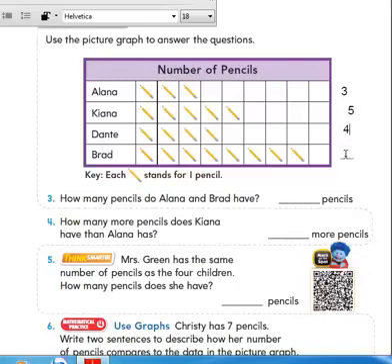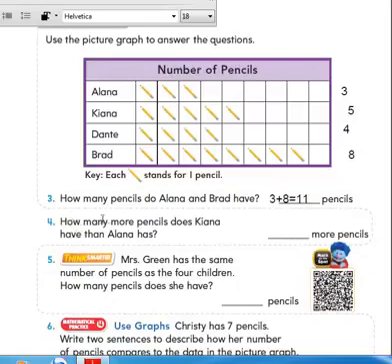There are 4. And Brad, there are 8 pencils. He asked me about Alana and Brad. So Alana has 3 and Brad, so I will add the number of the pencils with him. They are 8. So the answer will be yes, 11 pencils.